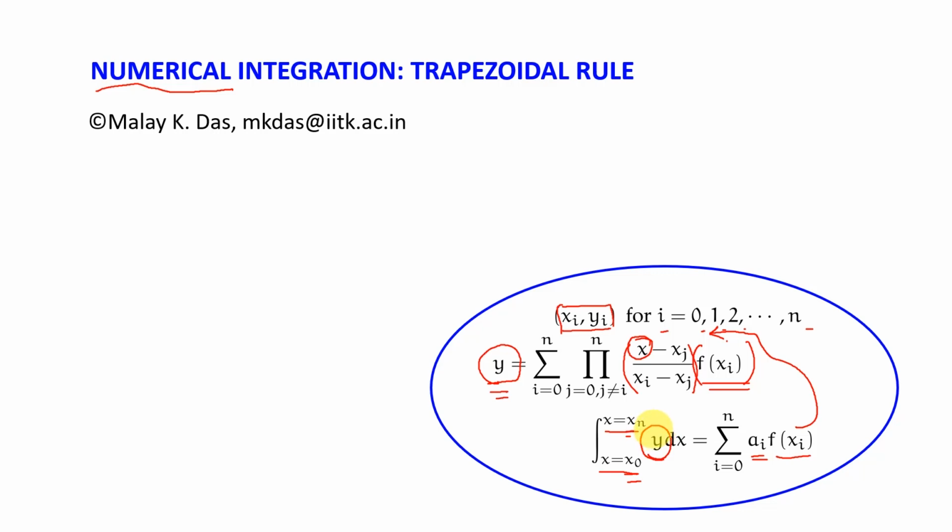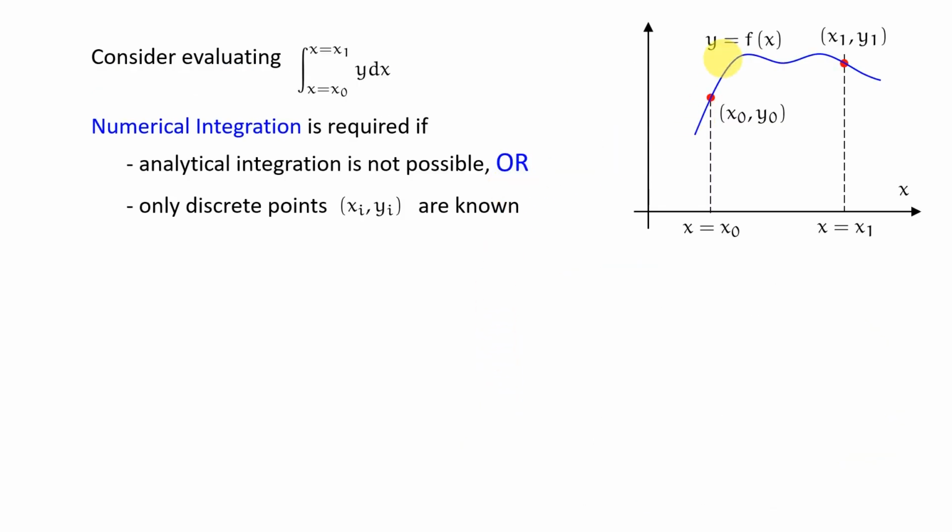There are several techniques for conducting numerical integration. The first in this lot is something that we call the trapezoidal rule. In the trapezoidal rule, we take this polynomial as simply a straight line, and let's see how we do that. Let us say that we have a function y equal to f of x, shown by this blue line here.